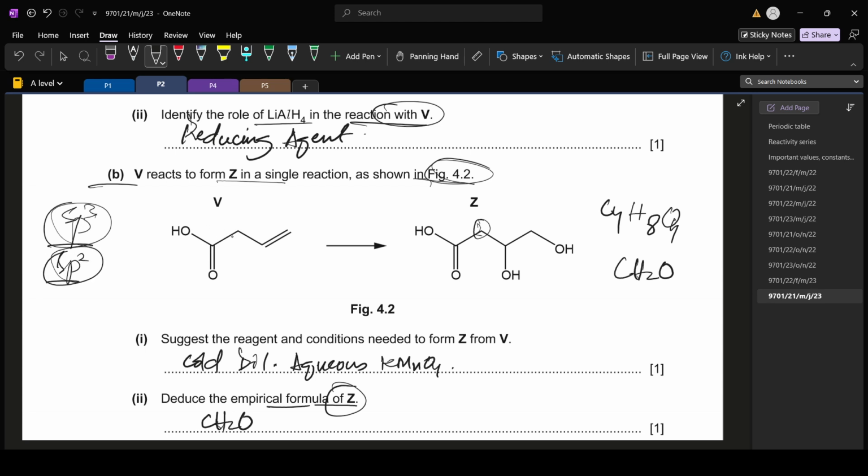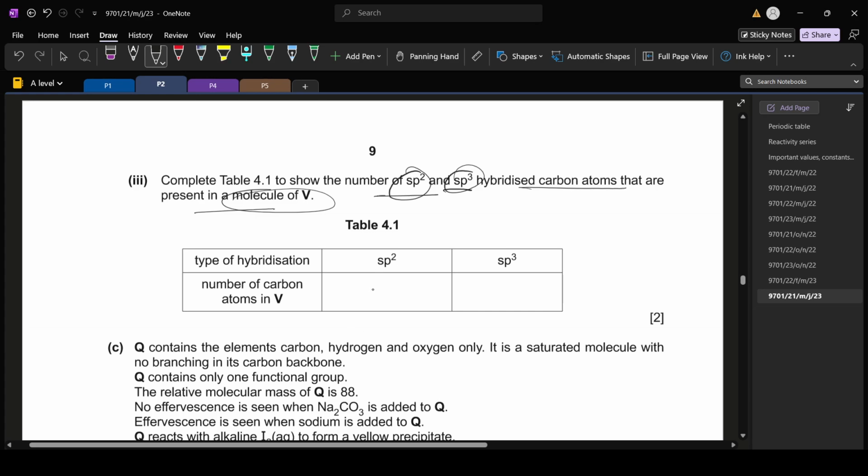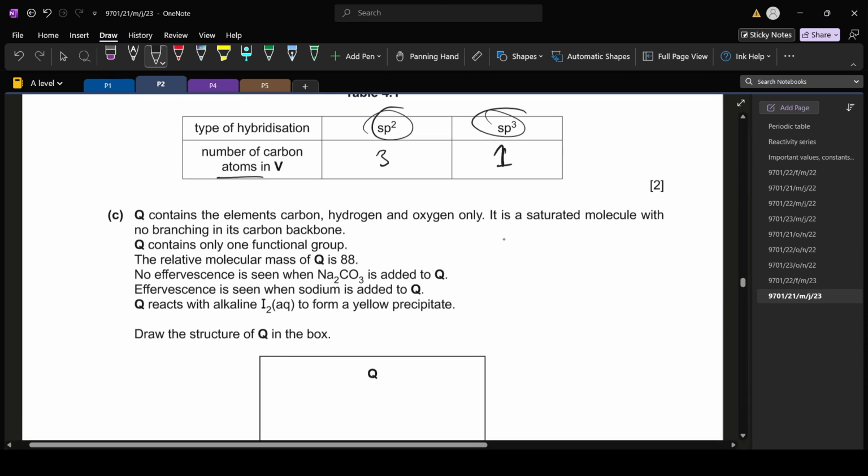So there is only one carbon which is forming four bonds, so there is only one sp3 hybridized carbon, and the others have the double bonds, so three of them will be sp2. So 3 and 1. Okay, three of the carbons are sp2 hybridized and one is sp3 hybridized.